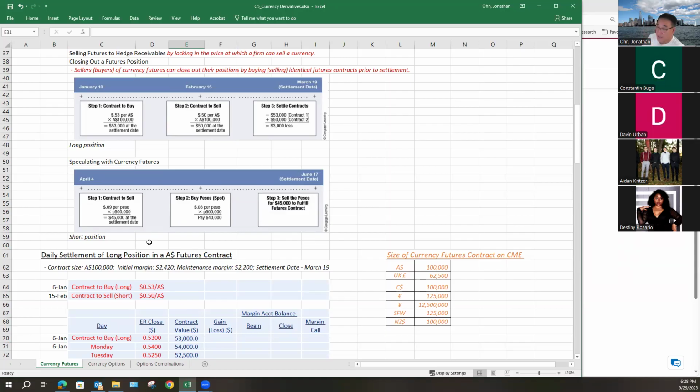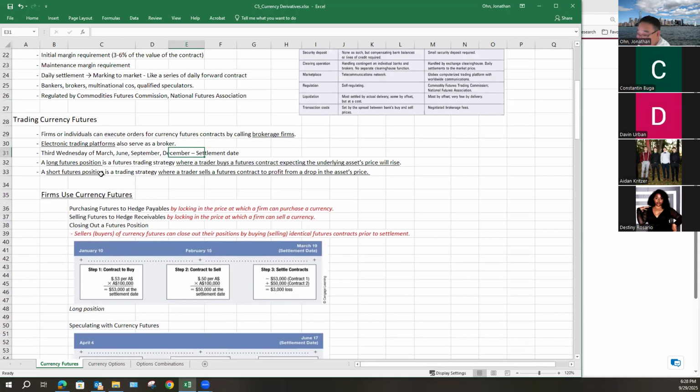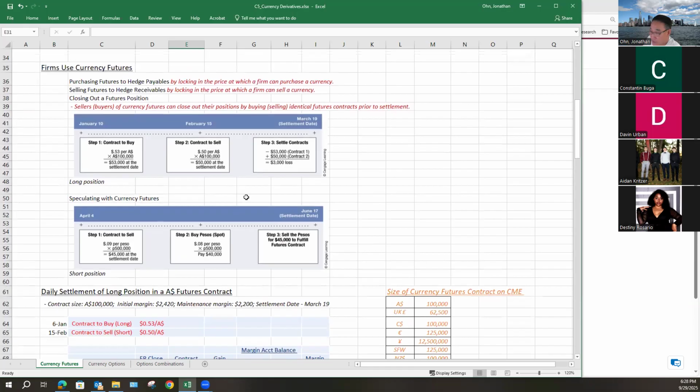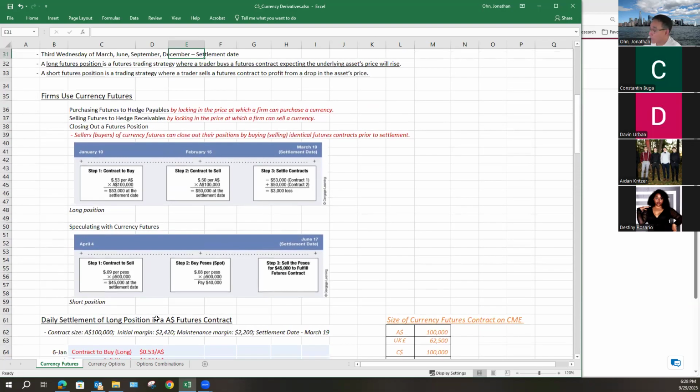Now, this speculation, the short position, happens when traders sell a futures contract to profit from a drop in the currency value. So if the speculators expect the peso will go down in the future, then they take a short position on the futures contract.